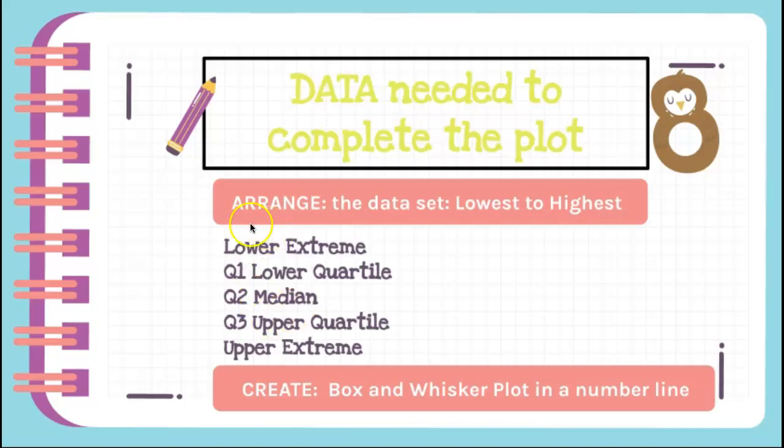But these are the data that you need to complete those. So you need the lower extreme, the Q1, Q2, Q3, upper extreme, and then we could create the box and whiskers plot. Let's see an example so that we will know how to work on this box and whiskers.